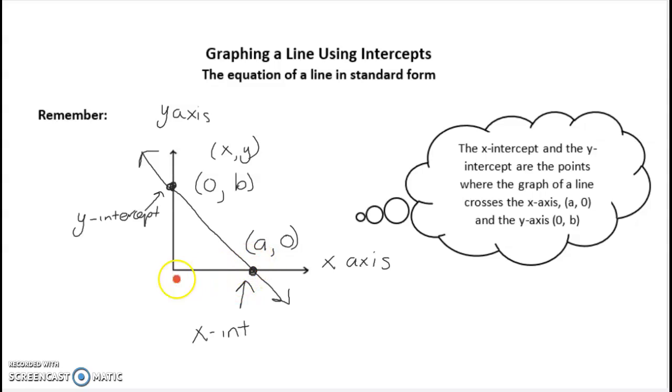That's because this right here, think of it as ground level, it's not 1, 2, 3, or -1, -2, -3, it's all at 0. So the x-intercept is (a, 0), and for the y-intercept, your x is 0 and your y is b. Okay, next.